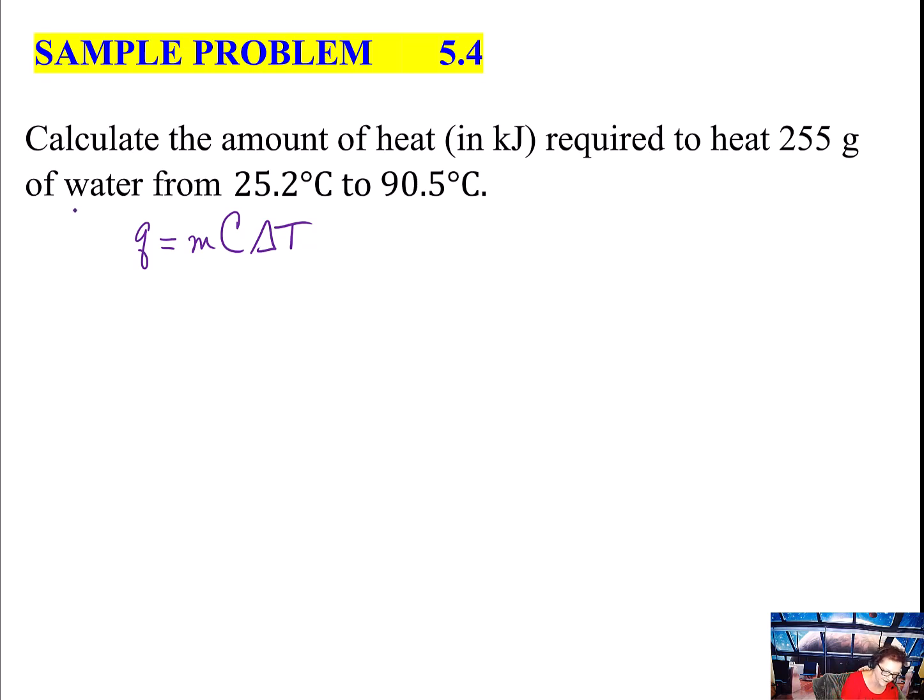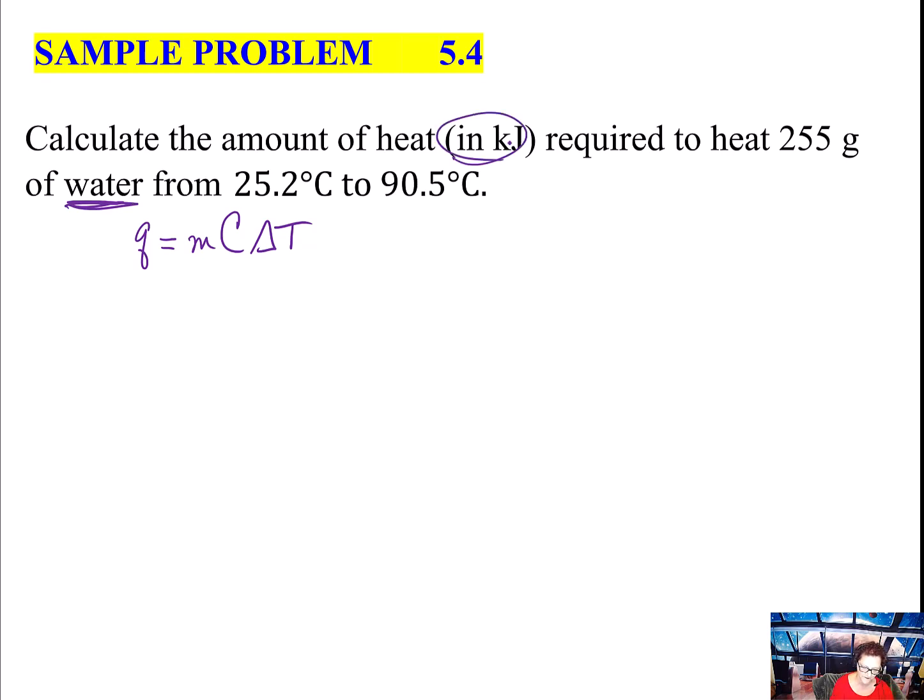Water's specific heat is one I always remember because it's how many joules are in a calorie, 4.184, the same number. So that one I can always remember, but you can still look it up because it's given to you. Calculate the amount of heat in kilojoules.